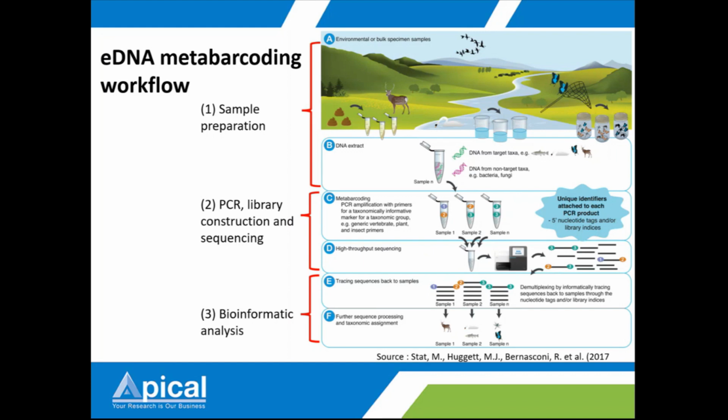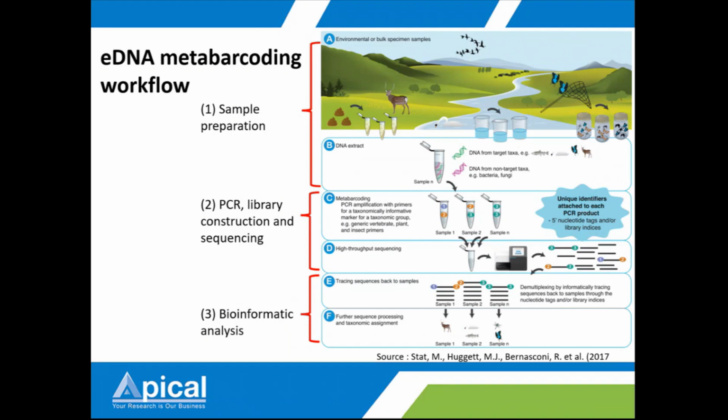Once the sequencing has completed, you will generate a lot of sequence data, and you can use it to construct consensus sequences, something like an amplicon sequence table, right? In this table, you can match it to a specific database and do the taxonomy identification.